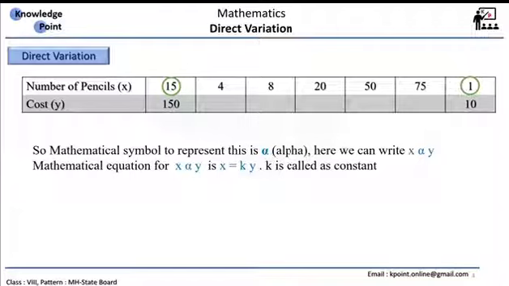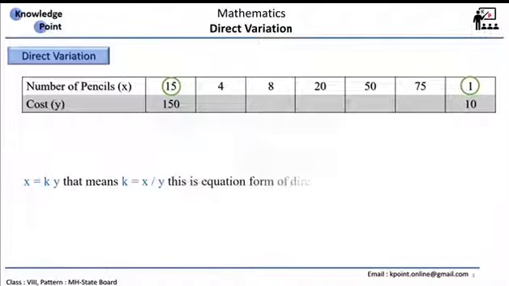X is equal to ky, and k is called the constant. Let's see what it means. X = ky means k = x/y. This is the equation from a direct variation where k is a constant.